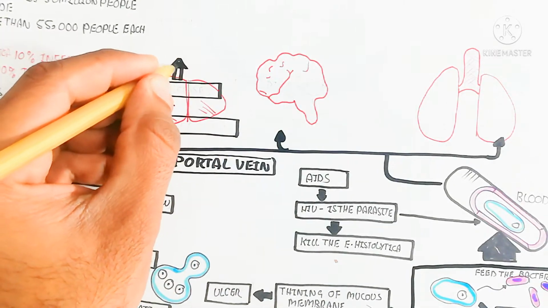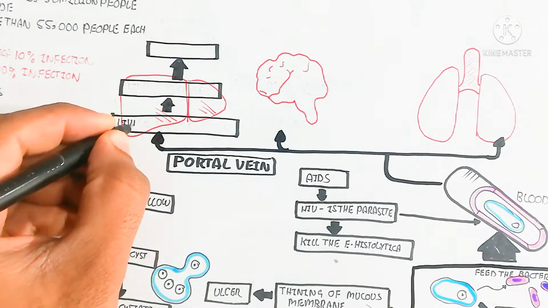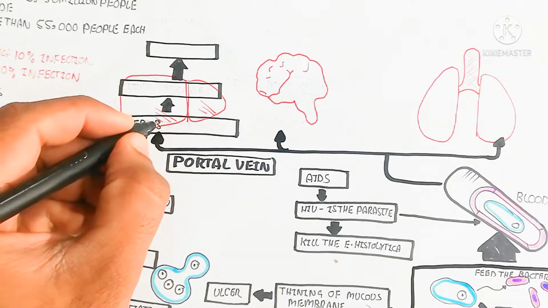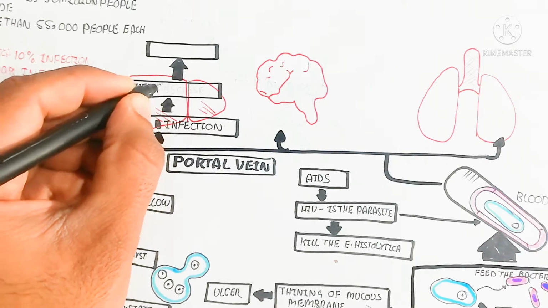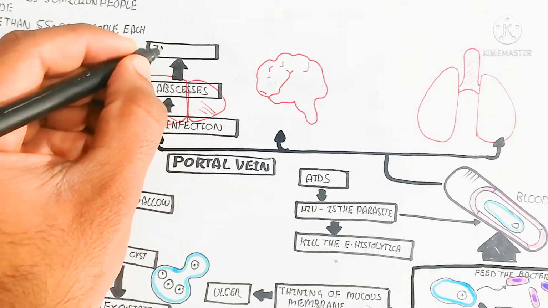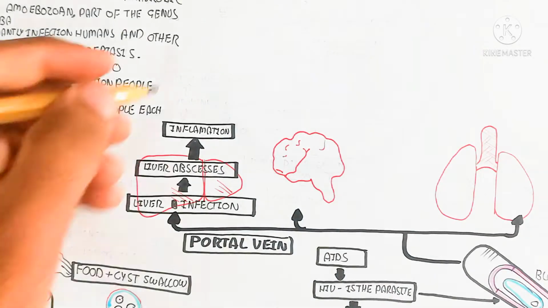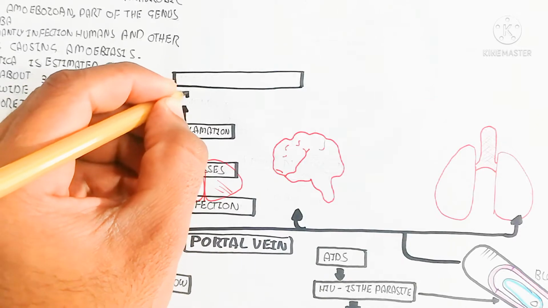HIV is the parasite of the trophozoites. After moving from the digestive system through the blood vessel and the portal vein, it will move into the liver, and the liver is where the infection is caused, and liver abscesses will occur. The pus will be created in the cells of the liver, hepatocytes, and other infection will lead to increased inflammation.